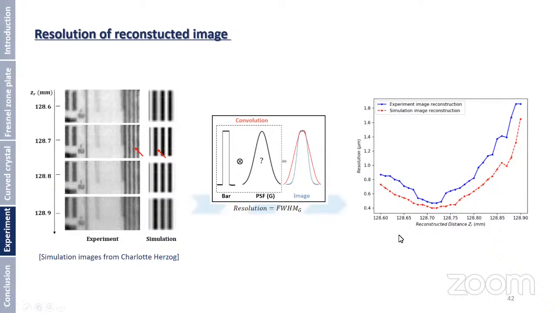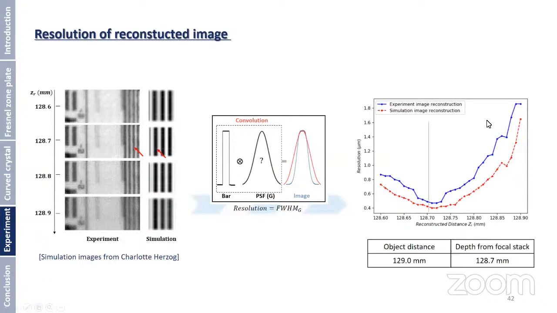With the evolution of this plot, it confirms the focus change in the reconstruction images. And the simulation plot agrees well with the experimental plot. The best resolution achieved from the experimental data is about 470 nanometer.